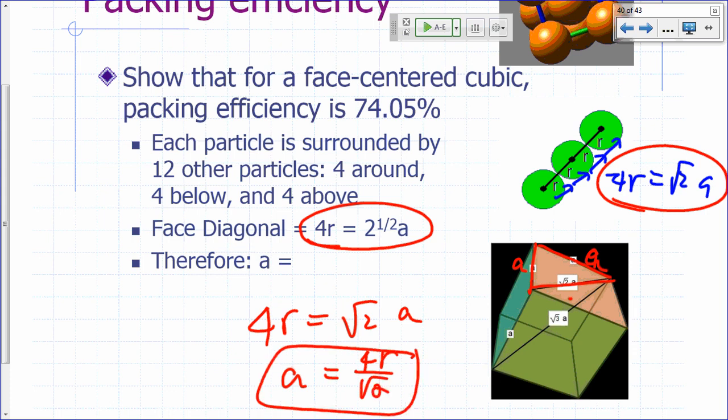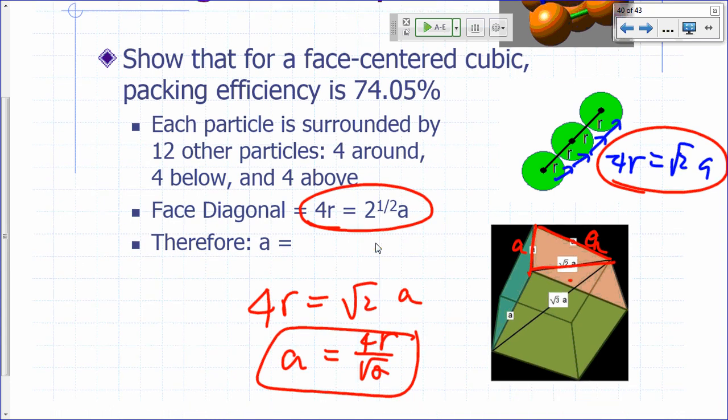Okay? And how many particles are in your face-centered cubic? 4. Half of the 6 face particles would be 3 plus 1/8 of the 8 corner particles would be 1. 3 plus 1 is 4.